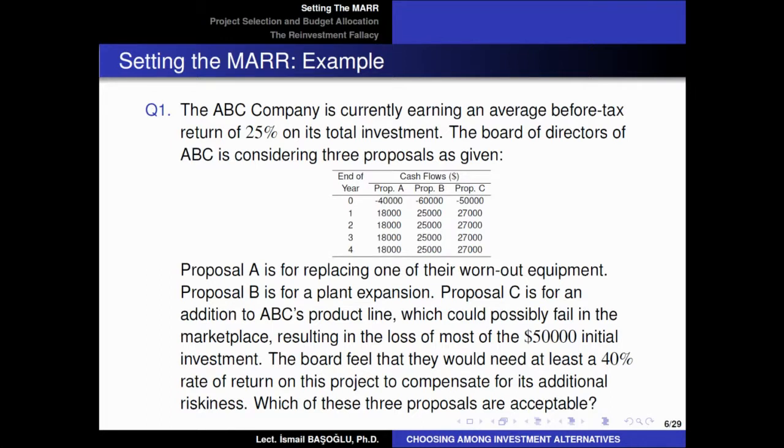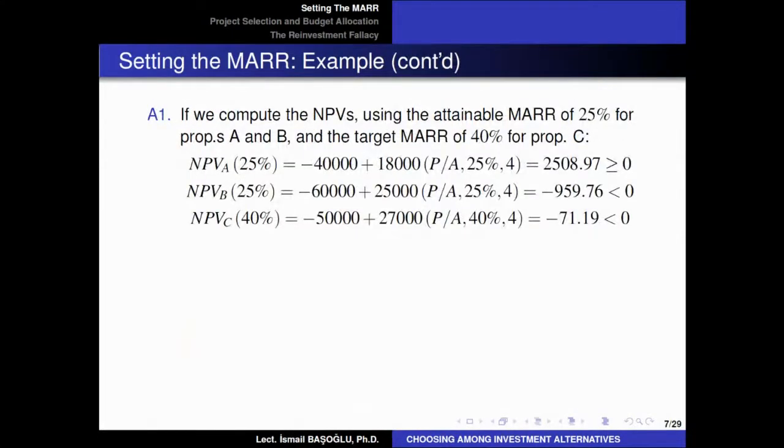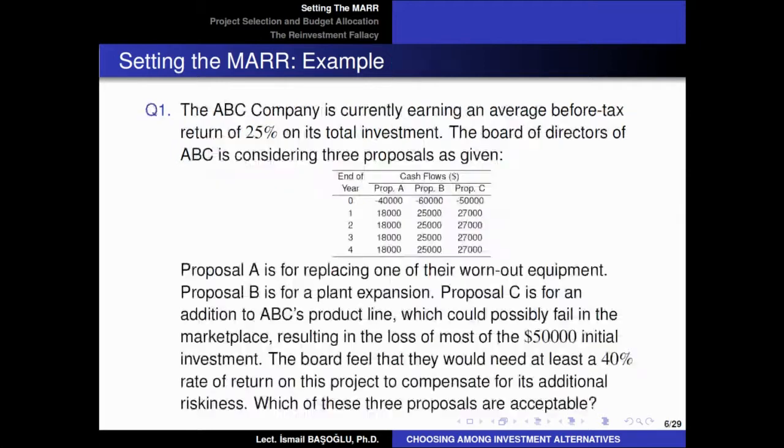Which of these three proposals are acceptable? The question is this. So which of these proposals are acceptable? Now, let's evaluate the net present value of these proposals. For evaluating the net present value, I choose the assumed interest rate of 25% for proposal A and proposal B, because I can say that my past rates of return are on the average 25%.